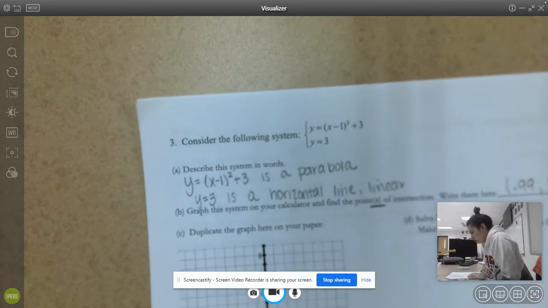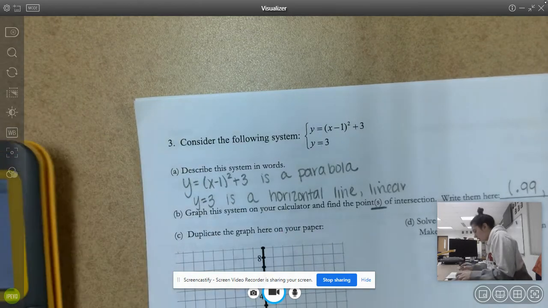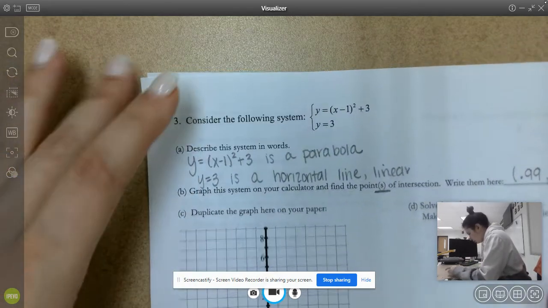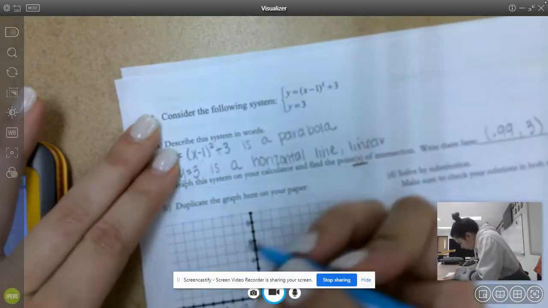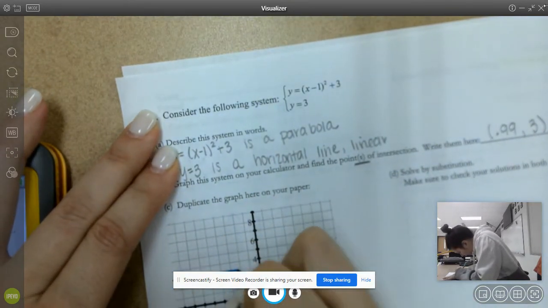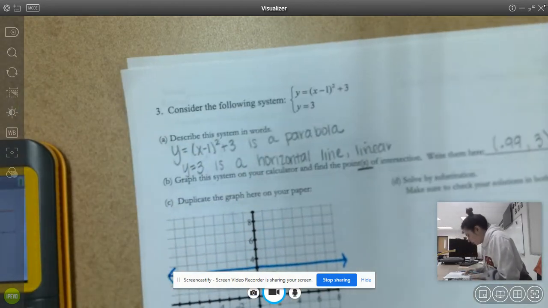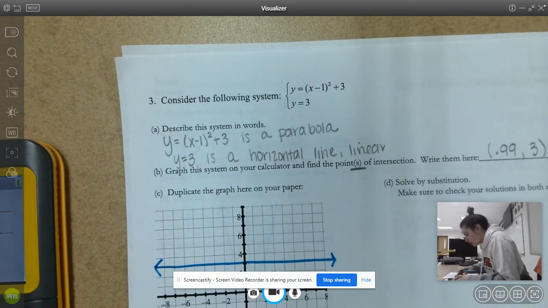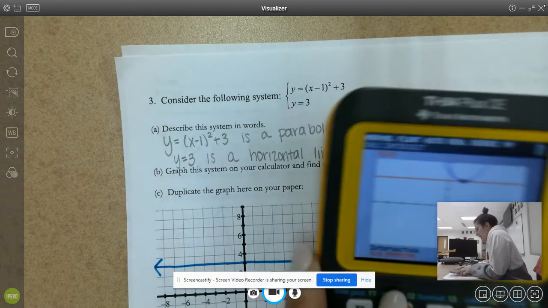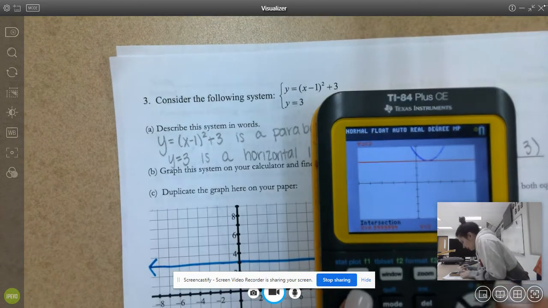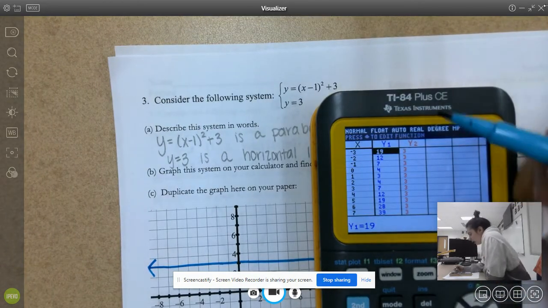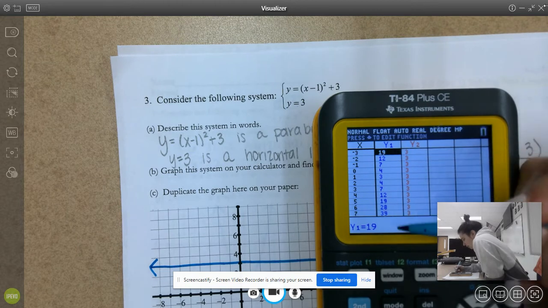If we wanted to graph that, well, first off, y equals 3, so we can just draw that horizontal line. And for our parabola, we can look at the table function, second table. Y1 is that first line that we graphed, the parabola.